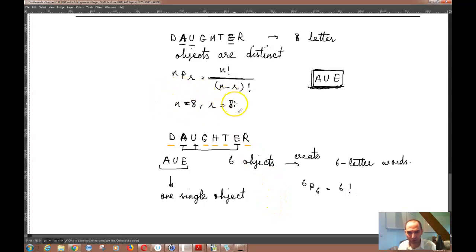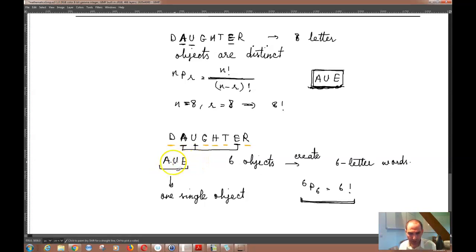So from 8 factorial, if I had calculated this, that would have given me 8 factorial. So from 8 factorial, we got to 6 factorial. And that means that if you divide this number by 56, you will get this number, of course. Now, this is the number of permutations of all such arrangements where A, U, and E are sticking together.